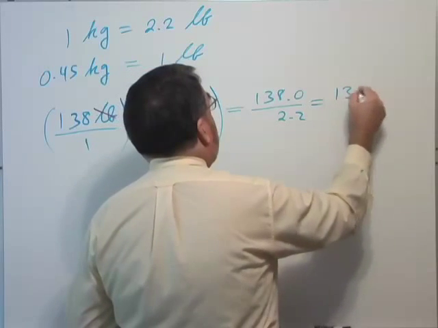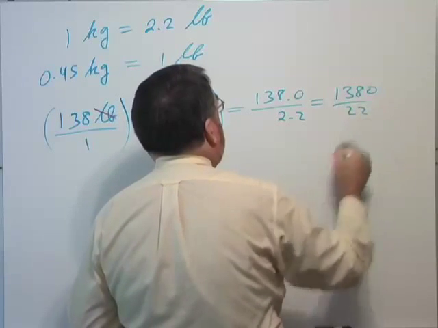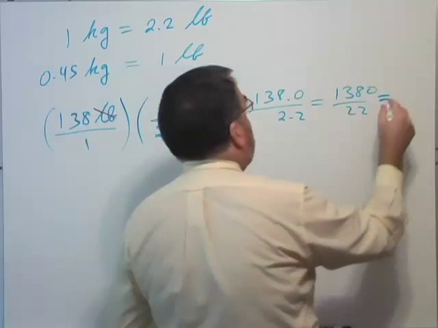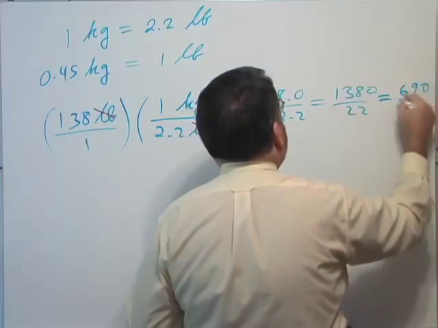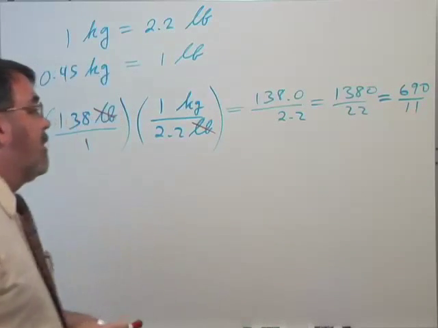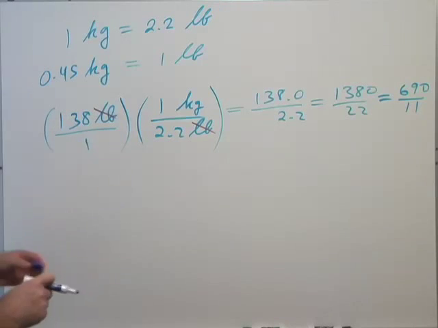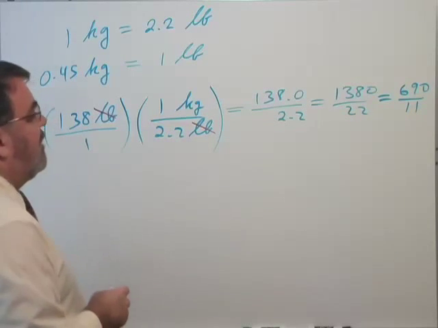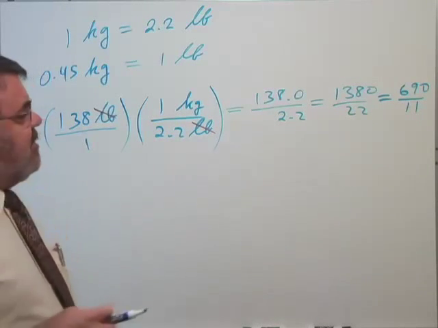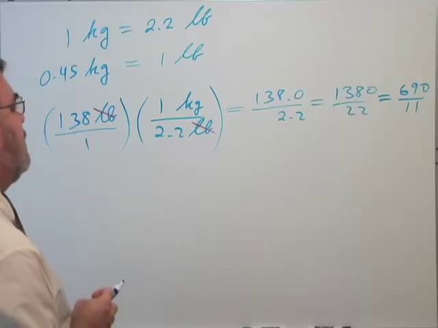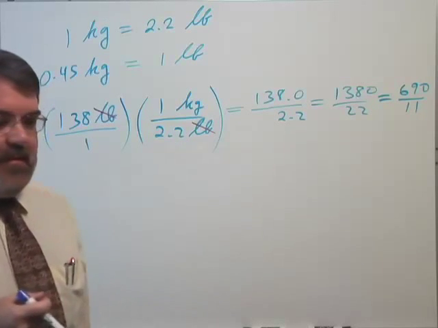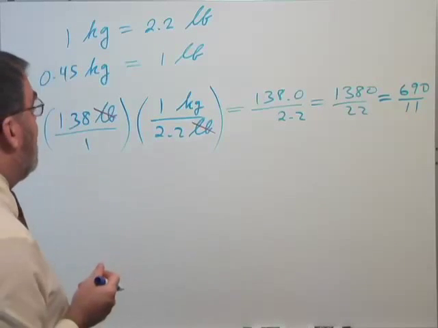So this becomes 1380 over 22, and that reduces to 690 over 11. All right, now I can divide by 11 pretty well. I can usually do it in my head. And so that would be 62.7 kilograms.